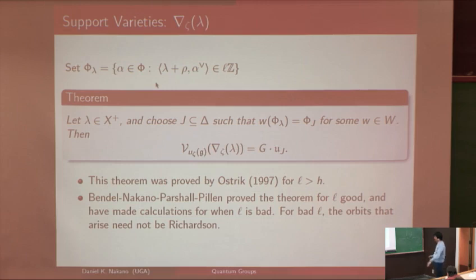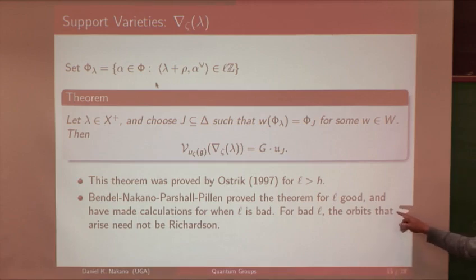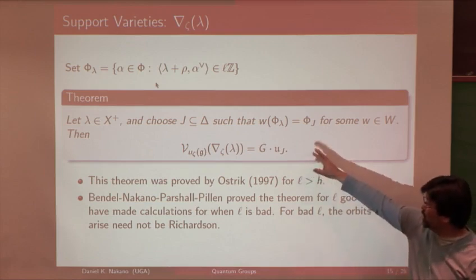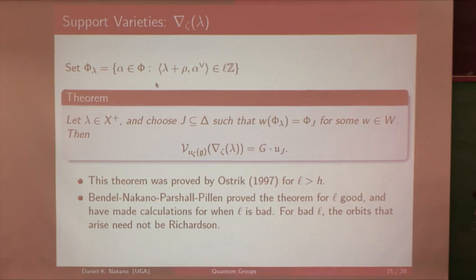So we can actually do things when l is less than h. So, yeah. And even when l is bad, we have calculations too. And it turns out when l is bad, these orbits here need not be Richardson orbits. Okay, we can actually pin down which orbits they are inside the nilpotent cone, and they need not be Richardson.